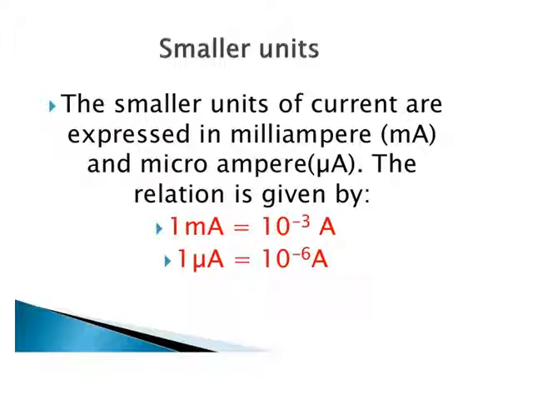The relation is given by 1 milliampere is equal to 10 to the power minus 3 amperes. Similarly, 1 microampere is equal to 10 to the power minus 6 amperes. Children, when you are solving problems, if the units are given in milliampere or microampere, they have to be converted into ampere before you solve the problem.